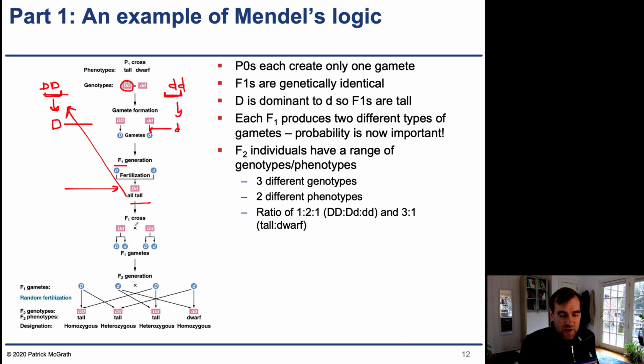And so now we get into the realm of probabilities. Why is that? These individuals now can produce more than one type of gamete. This individual is heterozygote, so this individual could either pass on a big D or a little d. And you can go back to the rules of chapter 2, where we talked about the separation of the homologous chromosomes during meiosis 1.